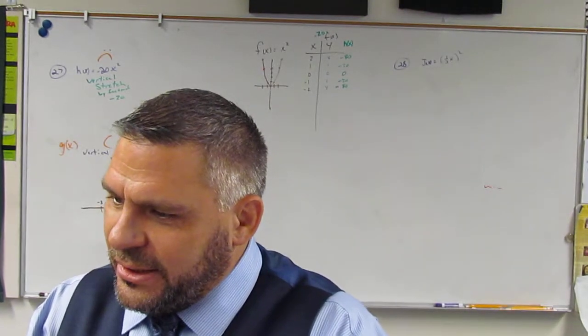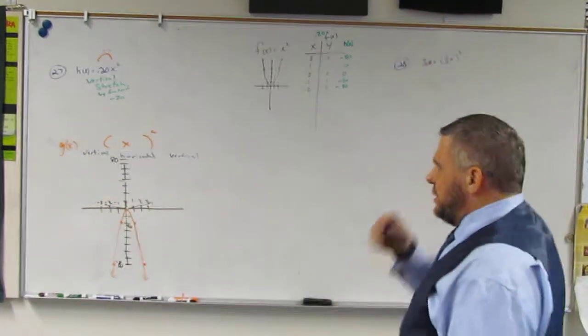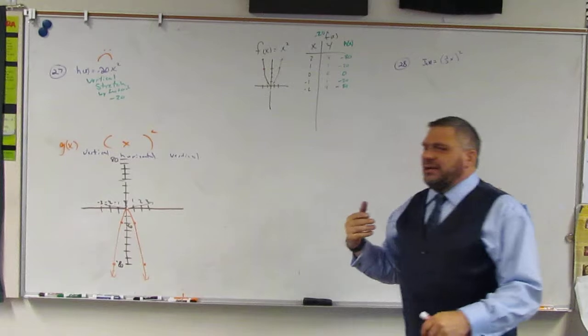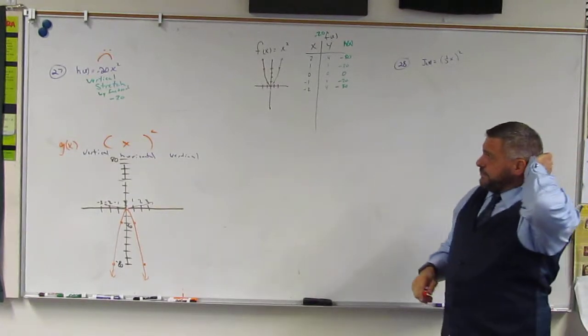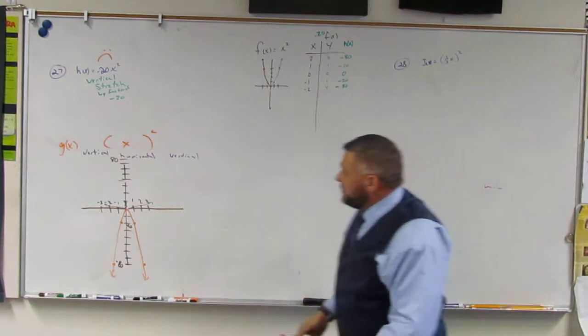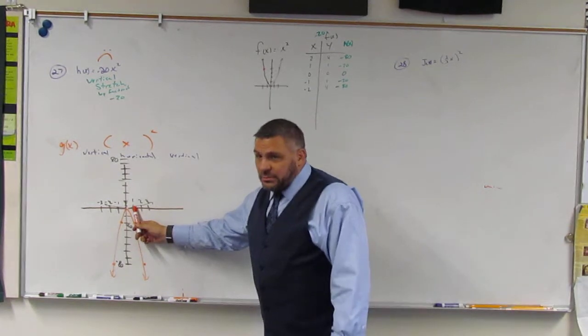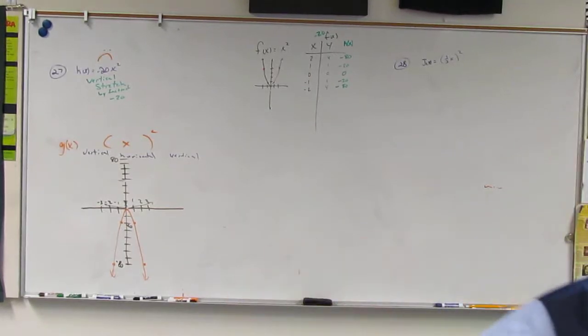So it won't look, what do I want to say? Symmetrical, okay? But if you take a look at that, you'll be able to understand that this scale, okay, is 1/10 the scale of the other one. Okay?